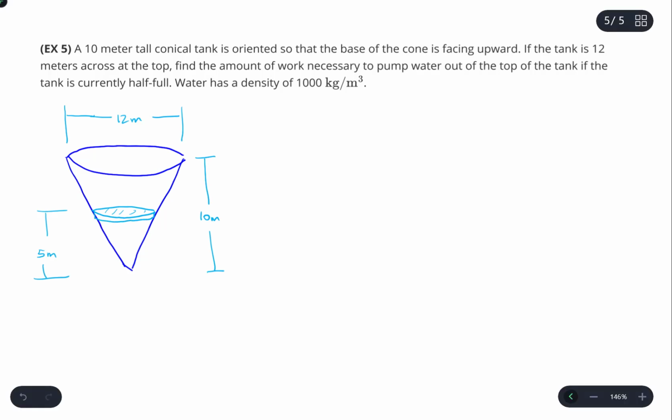Now, what we of course need to do is figure out the weight of each slab of water, and that weight is going to be a force because it's the mass of the object times an acceleration, and that acceleration is due to gravity.